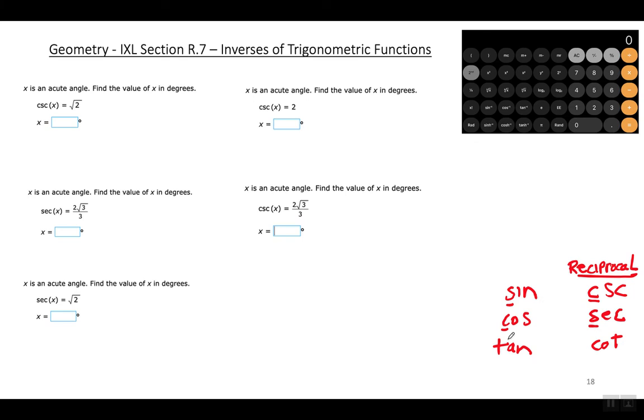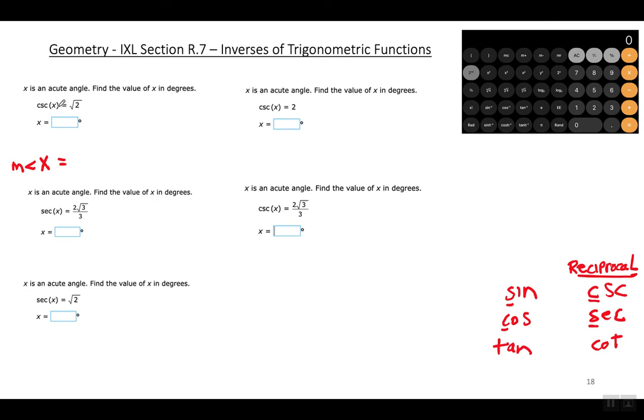All right. Okay, so with that in mind, look how I'm going to do this. The measure of angle X, let me see if I can write this correctly in a way that makes sense.